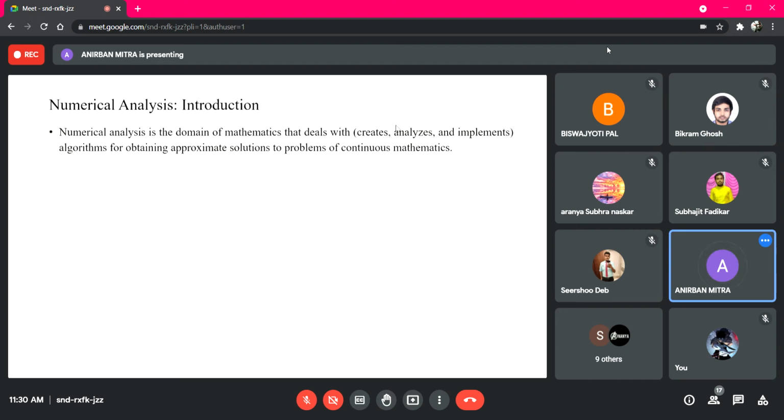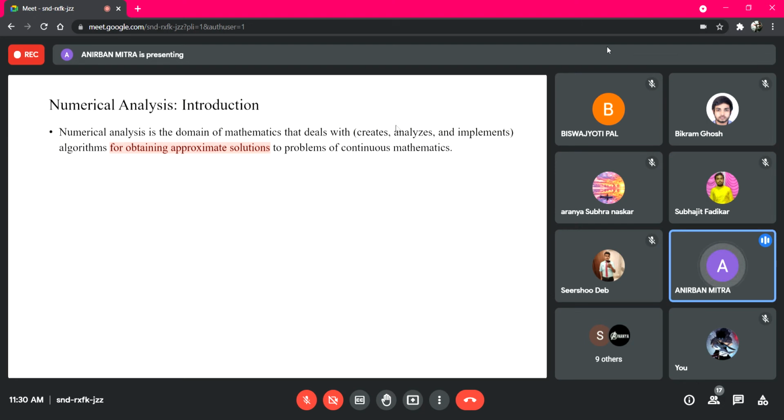Now here, I have mentioned the definition of numerical analysis again, and you can say that I have made just one small modification to the previous definition. Now we can define numerical analysis as the domain of mathematics that creates, analyzes, and implements algorithms for obtaining approximate solutions to problems of continuous mathematics.